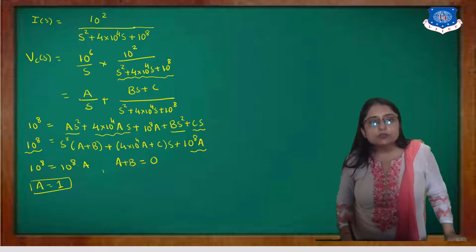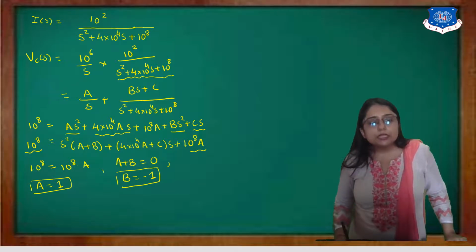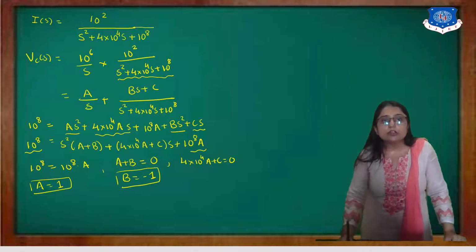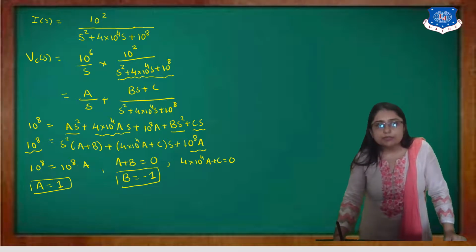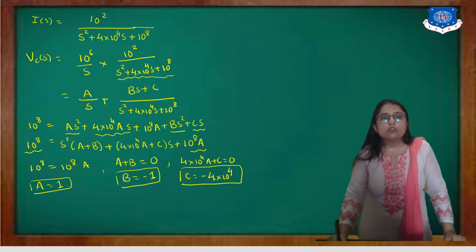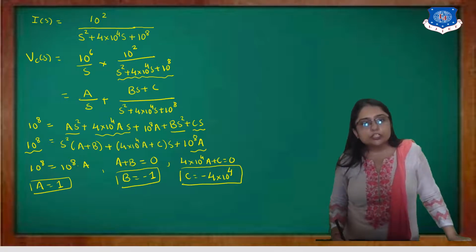Now substitute the value of A equal to 1, so the value of B becomes minus 1. Now compare this term, 4 into 10 raised to 4A plus C equals 0. Substitute A equal to 1, then C will become minus 4 into 10 raised to 4. So this is the value of A, B and C using the partial fraction.